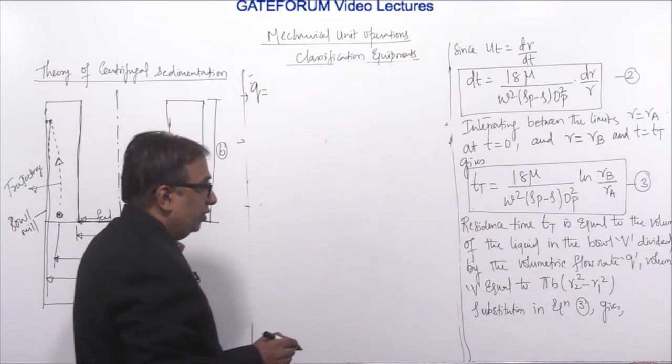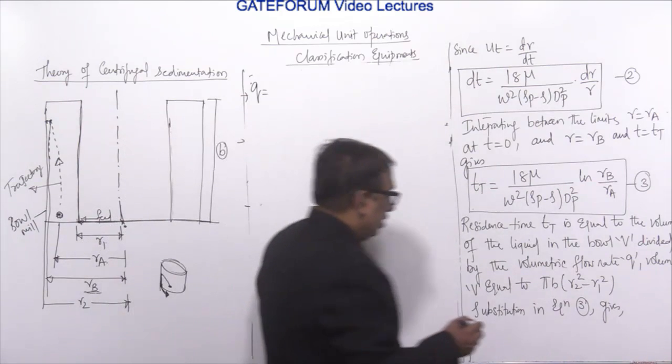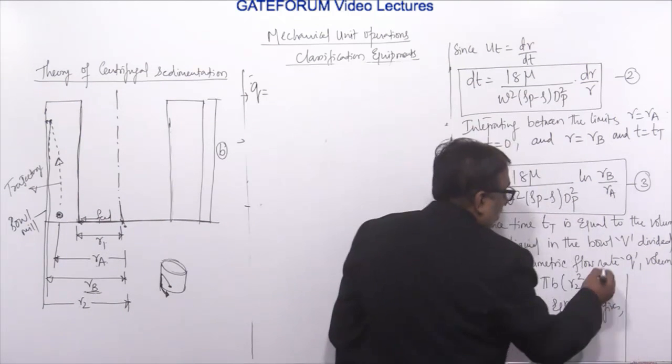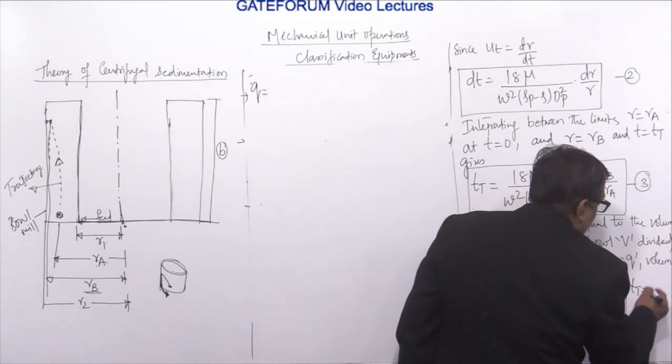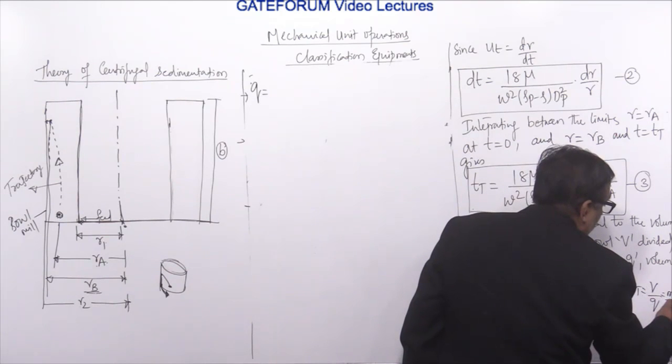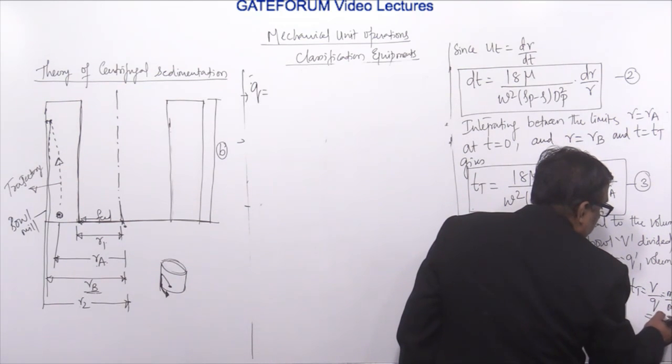Have you understood this? I'll just write it here. Tt can be written as V by Q. What is V? Meter cube. And what is Q? Volumetric flow rate, meter cube per second. So this will be the second.